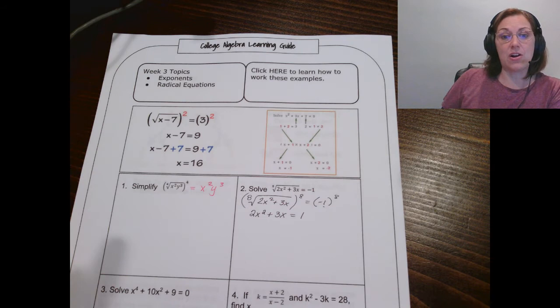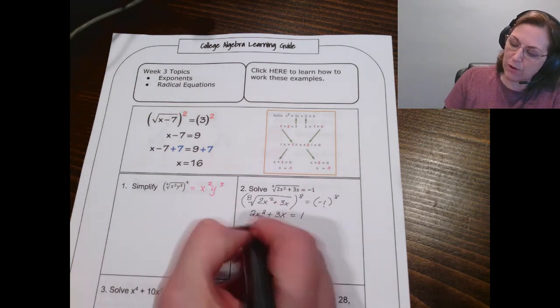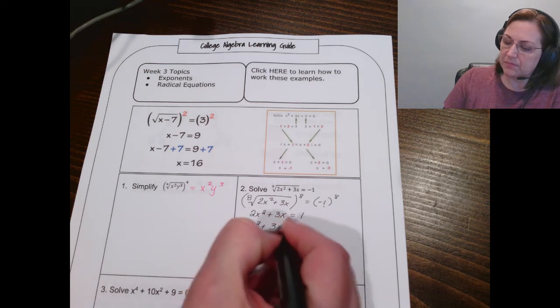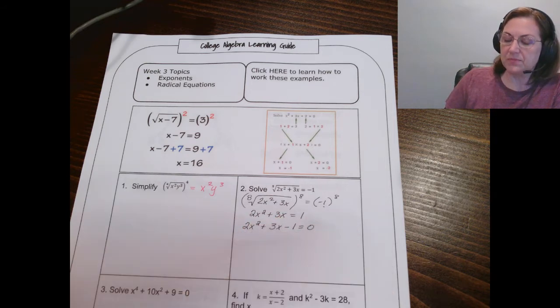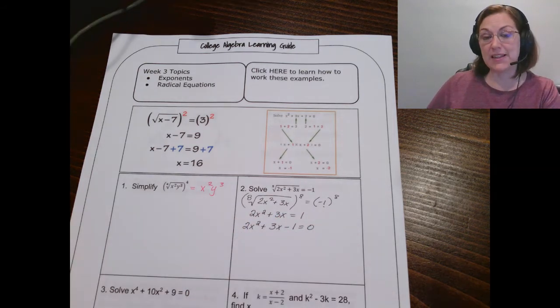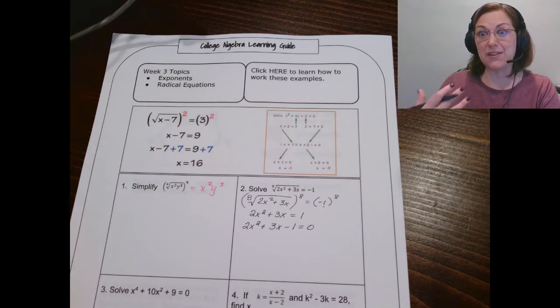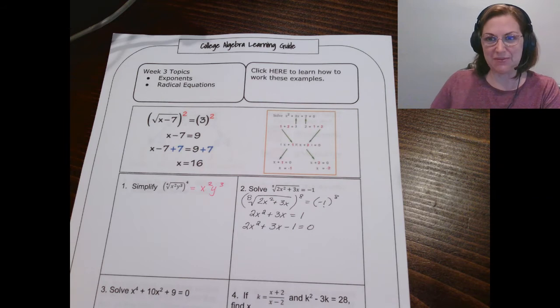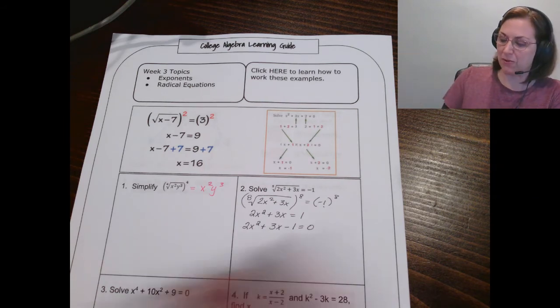Now I need to solve. So let me bring the 1 over by subtracting. And now I have a quadratic. Now this quadratic, I would love to be able to factor. Sadly, I cannot because it doesn't factor. So we're going to have to go to the quadratic formula.